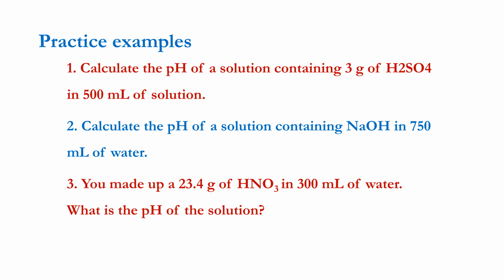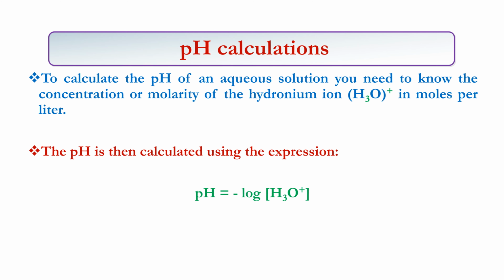So these are some practice examples that you can practice on your own just to familiarize yourself with how to do this type of calculation. Okay, if you are asked to calculate the pH of an aqueous solution, you use the formula pH equals minus log hydronium ion concentration.